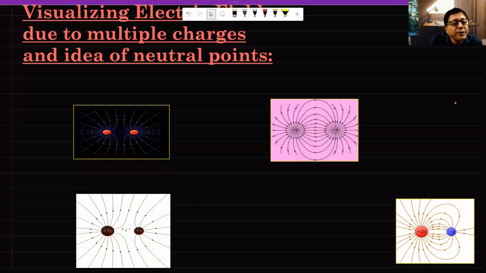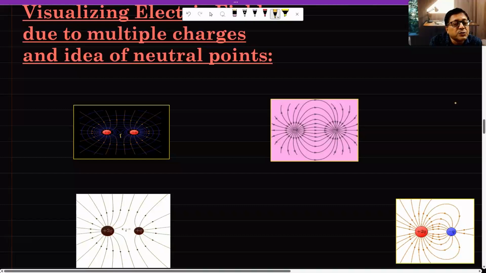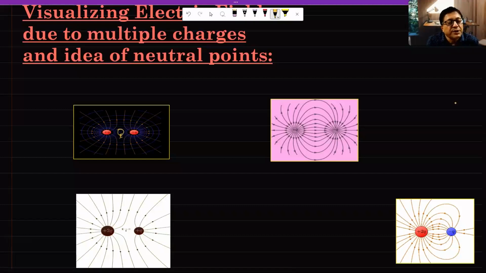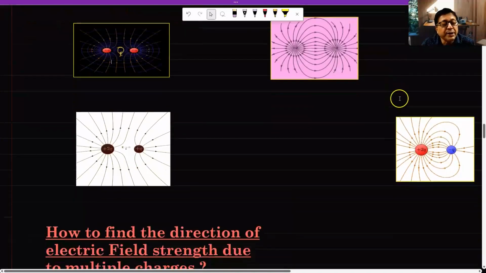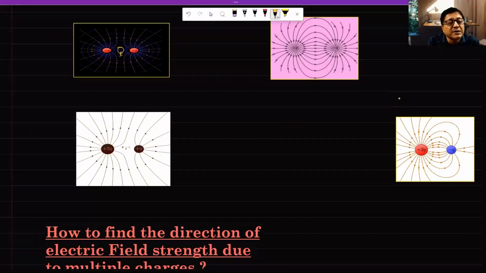There will be a point where no electric line of force can pass through. That will be referred as neutral point. So due to one plus q, another plus q charge, neutral point will be here. But if we take 1 plus 2q, the another plus q charge, neutral point will not be exactly midway between two charges. This I have explained.